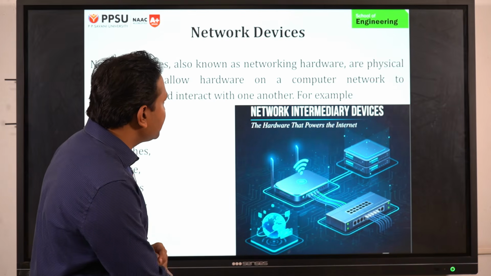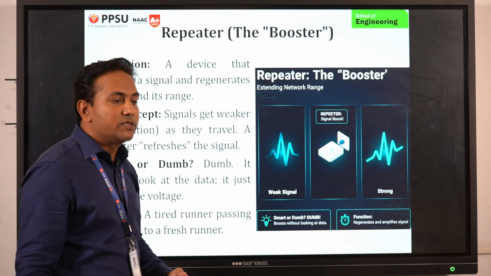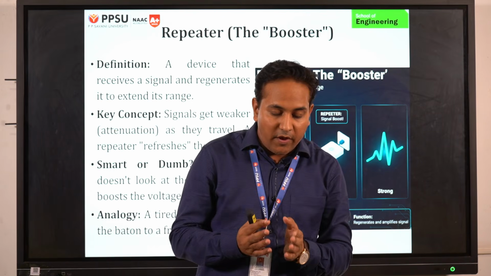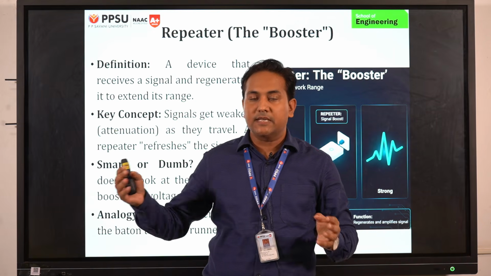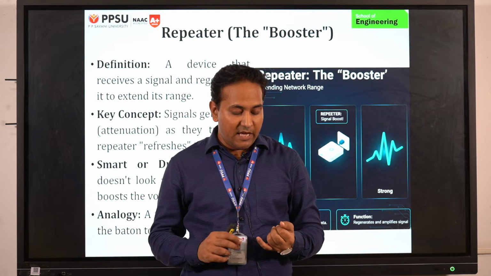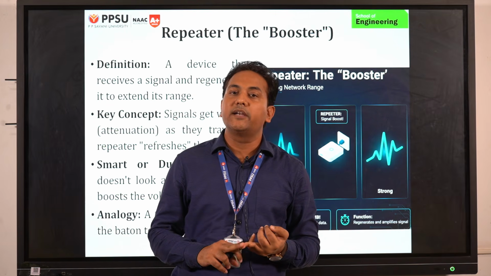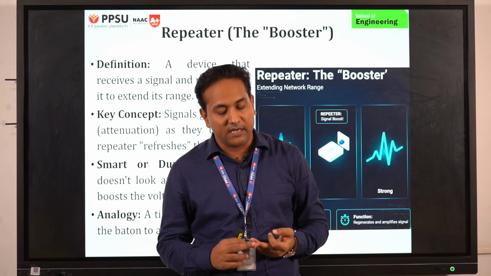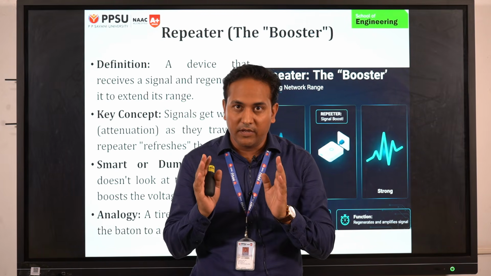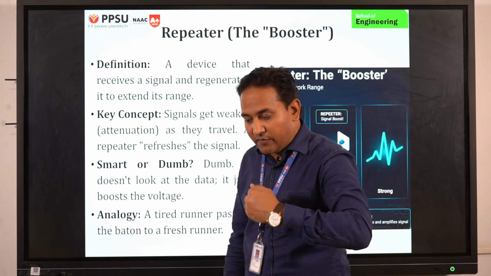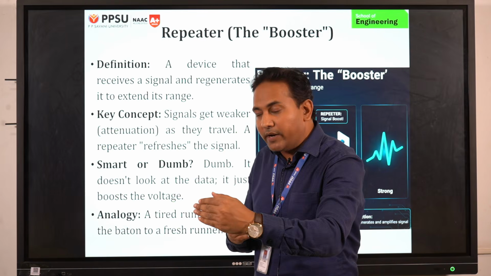The first one is the repeater. It is also called a booster. Why? Because whenever you want to send a signal from one place to another, each signal, whether it is a voltage signal, electrical signal, electromagnetic signal or an optical signal, has some significant power with it. Whenever a signal travels from one point to another, it gets attenuated.